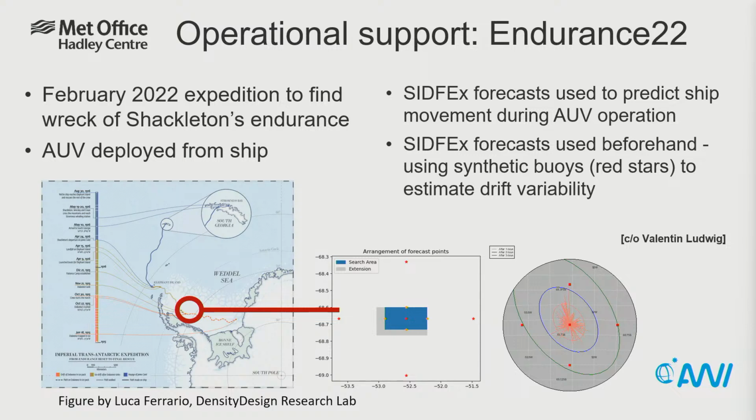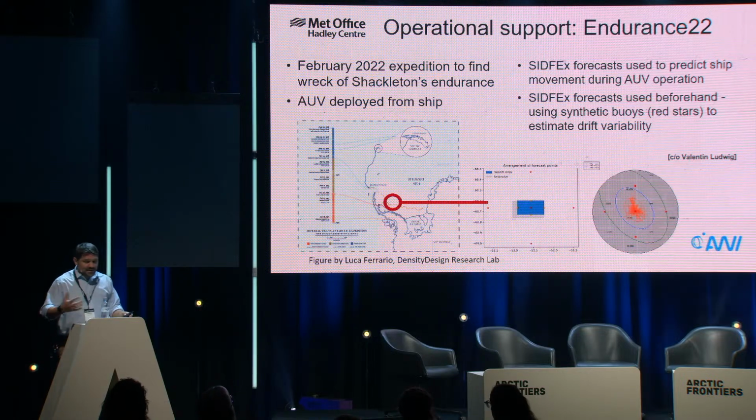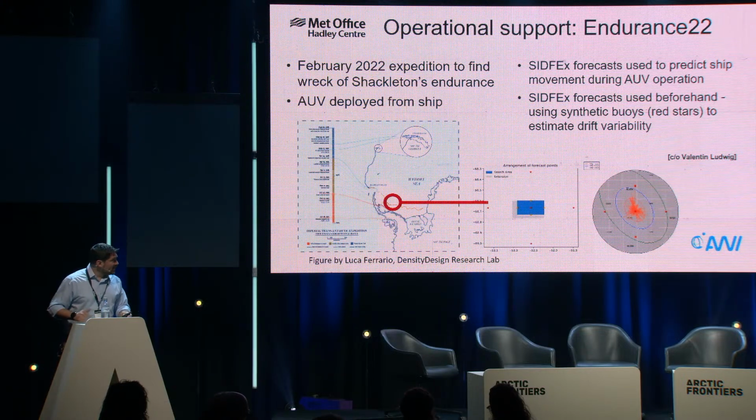And we did that using this very simple picture here, which is we had these synthetic buoys that we pretended were in their search area, and we provided forecasts for them for many months beforehand, so they could get a lay of the land, if you like, and see how the sea ice was moving.